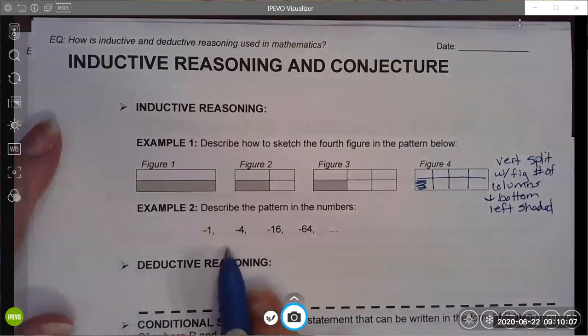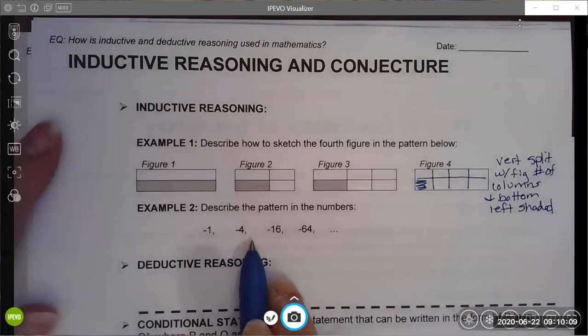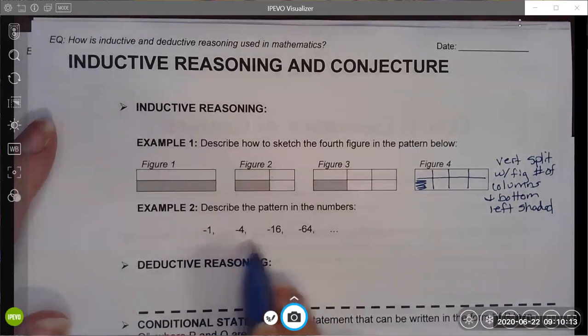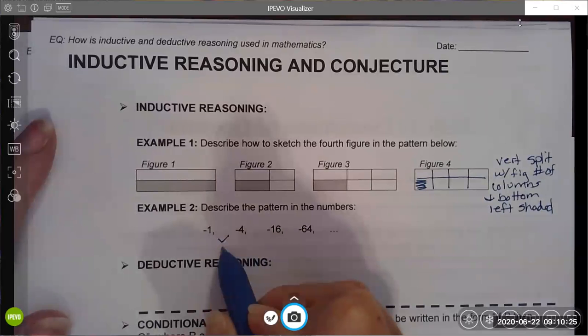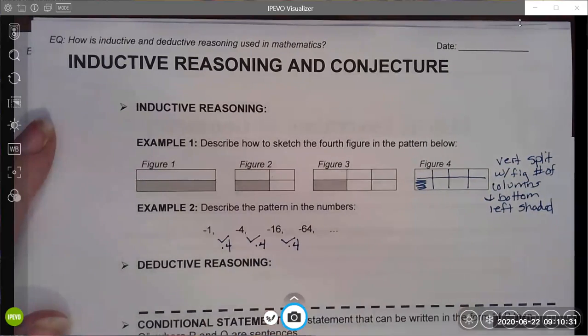In example 2, these I suspect you're pretty good at. You could make a conjecture about what's happening to these numbers. First thing I notice is they're all negative, so I don't need to flip-flop between negative and positive. And I notice each one of these is multiplied by 4. So here I did times 4. 4 times 4 is 16. 16 times 4 is 64.